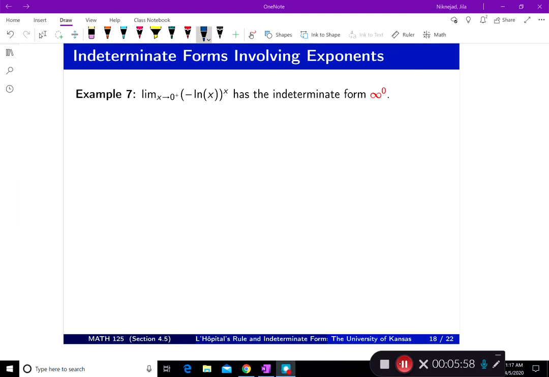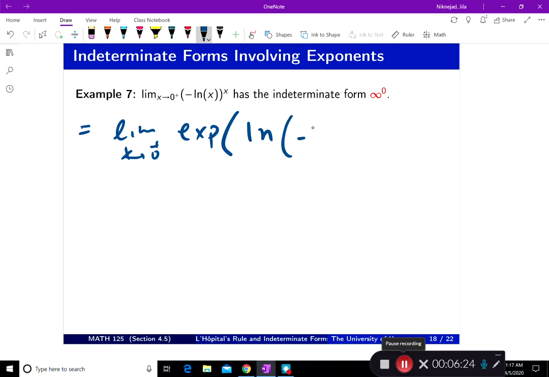Now let's do a limit that is infinity to the power 0. This time around, as usual, I'm supposed to do limit as x goes to 0 from the right side, exponential of natural log of whatever I have in here.